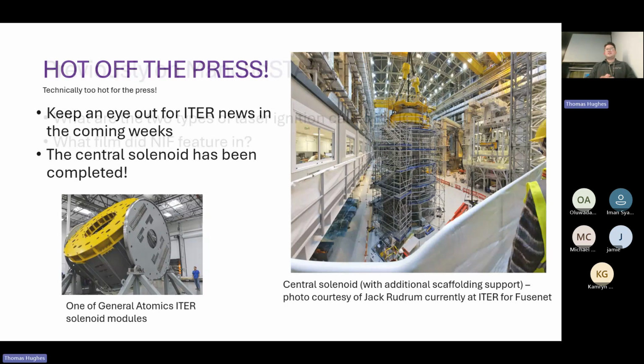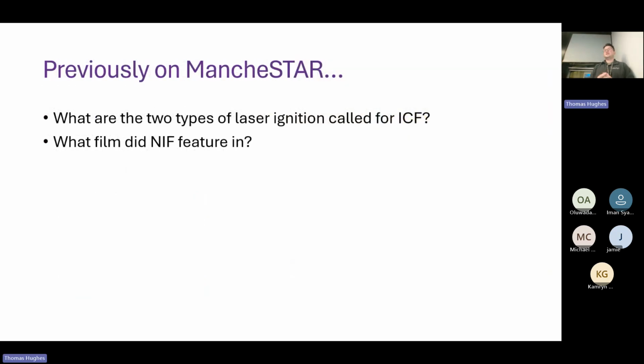So previously, if you can cast your minds back to last week, I want you to tell me what the 2 types of laser ignition are for ICF and what film NIF featured in. Any suggestions? We're just going to do hands rather than a survey this week, so shout it out wherever. So any ideas what the 2 types of laser ignition are? No?